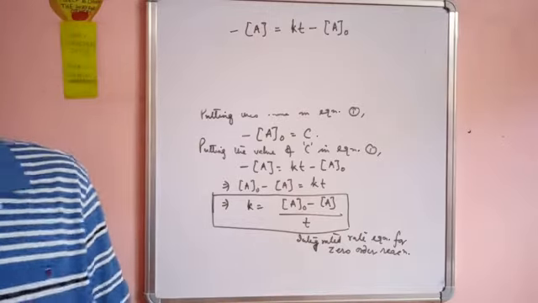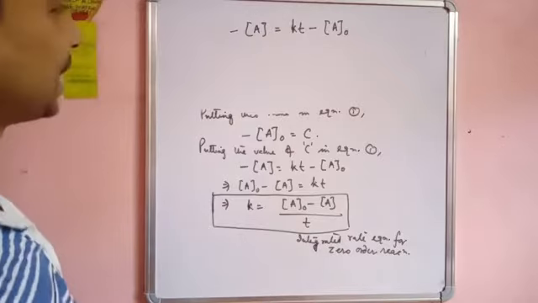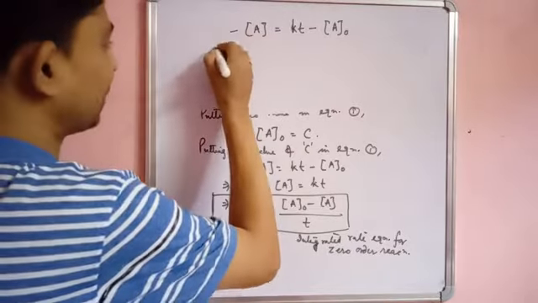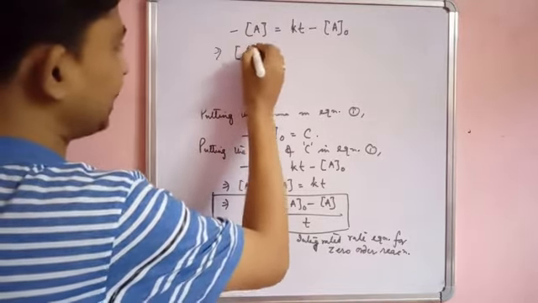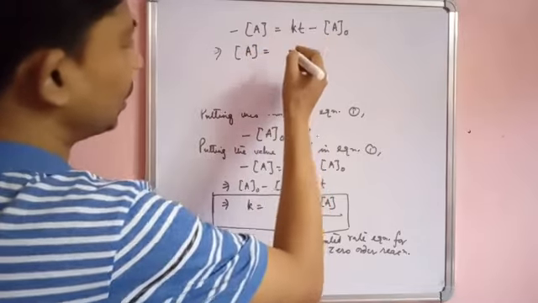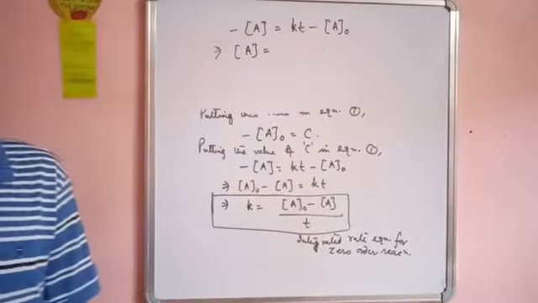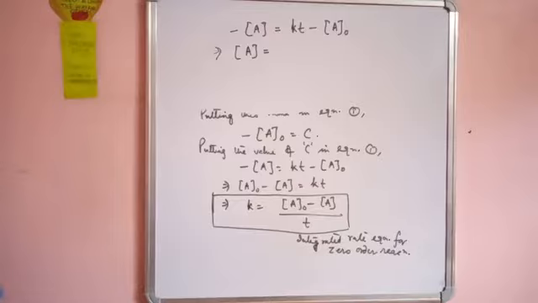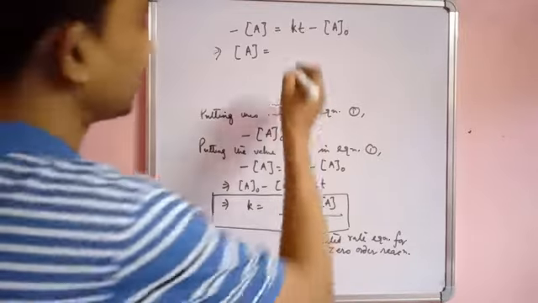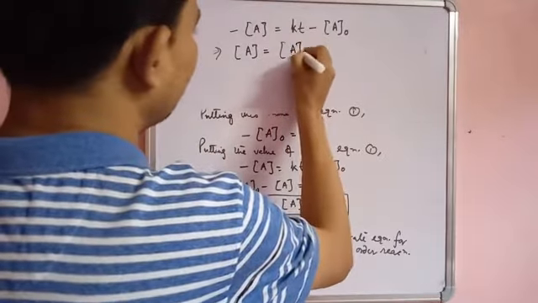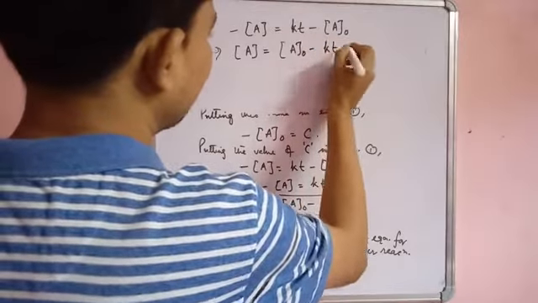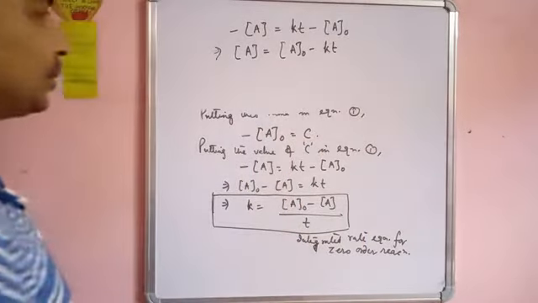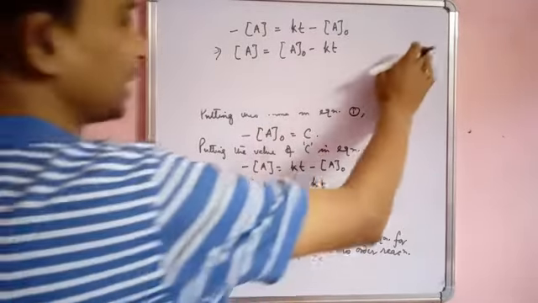Okay, so we can write a is equal to a naught minus kt. Can we write a is equal to a naught minus kt?